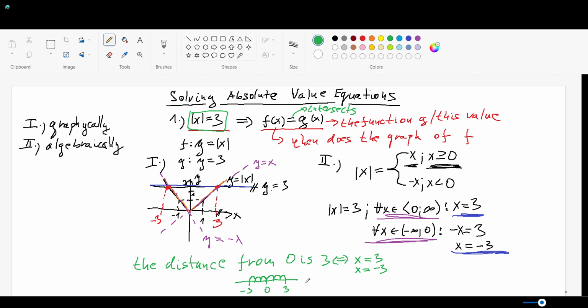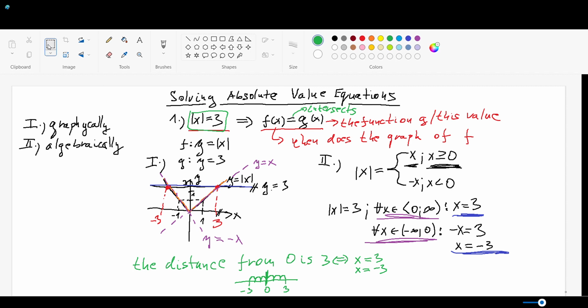My last stop will be at the point -3. So here is my number 0, and the distance from 0 is 3, whether I go 3 units to the right or 3 units to the left. So I can see the results also, and I can represent this simple absolute value equation this way. Okay, so this one was really very easy.